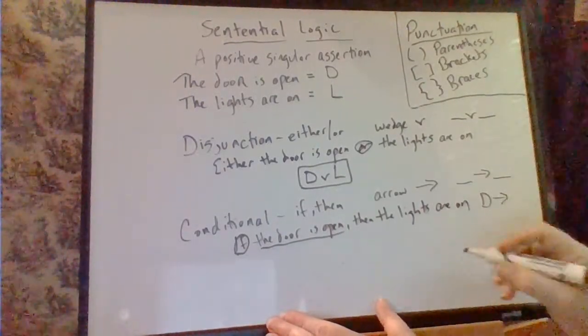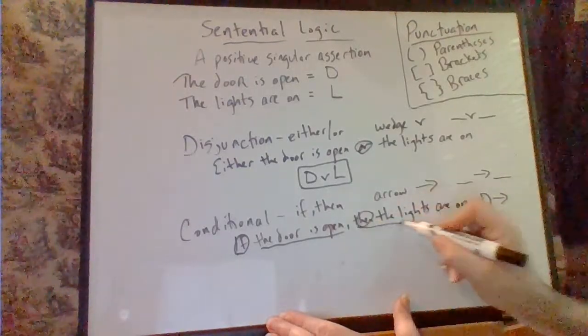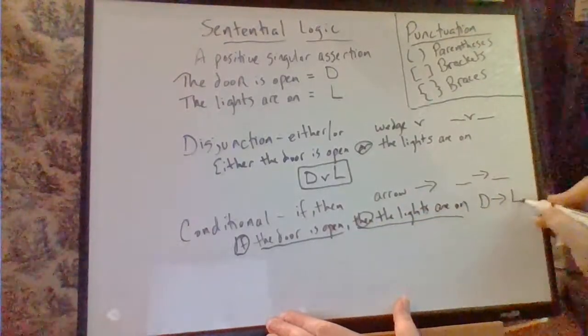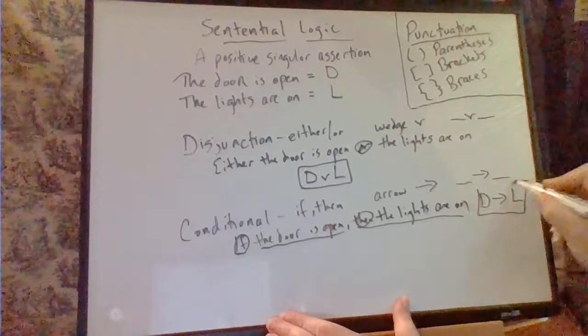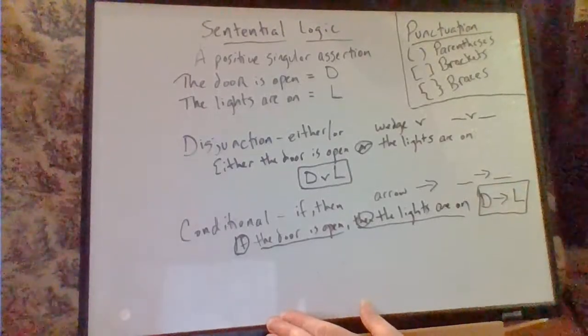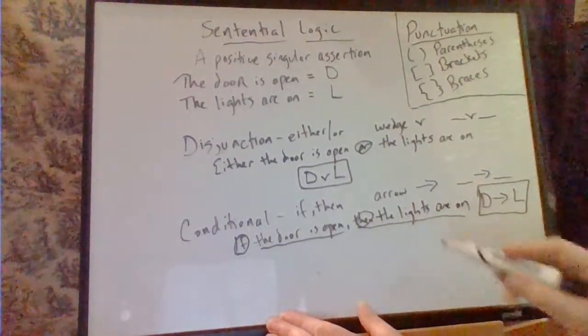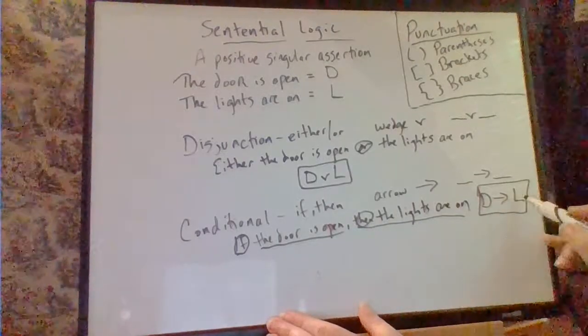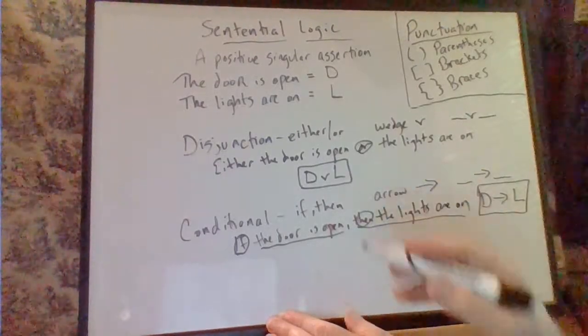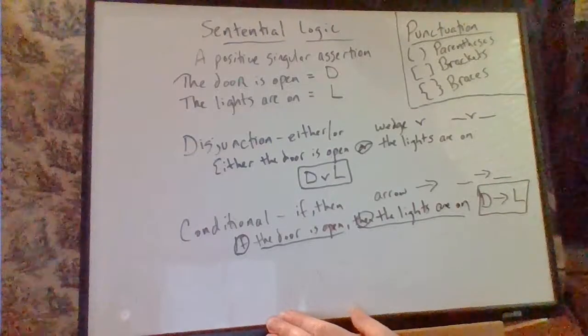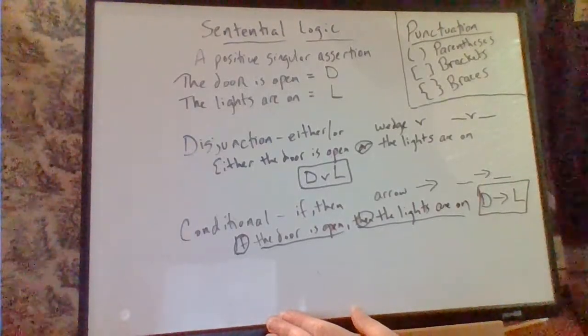The arrow implies the if-then, and what follows then, the lights are on, is the consequent, and that goes after the arrow. So if the door is open, then the lights are on, that would be D arrow L. And that's the traditional way in which a conditional statement is written.